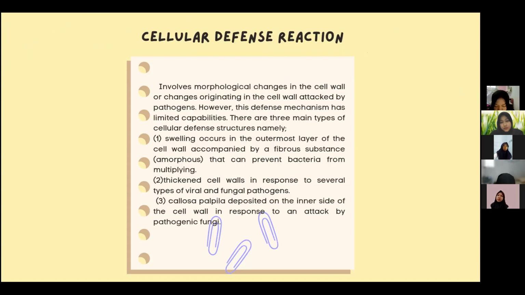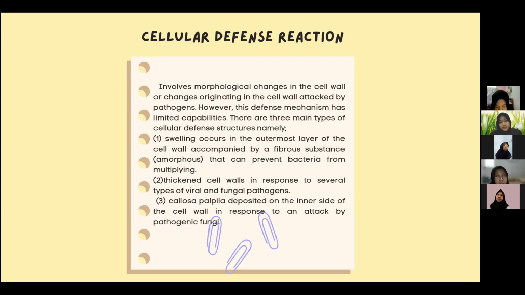Cellular defense reaction involves morphological change in the cell wall or change originating in the cell wall attacked by pathogens. However, this defense mechanism has limited capabilities. There are three main types of cellular defense structure, namely: 1.